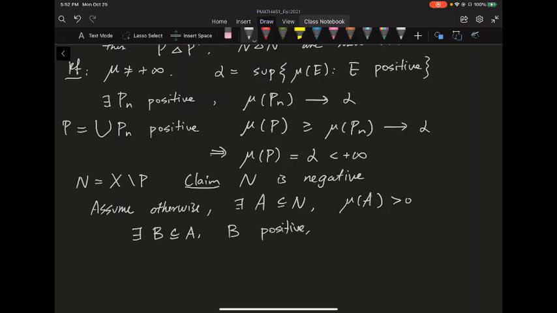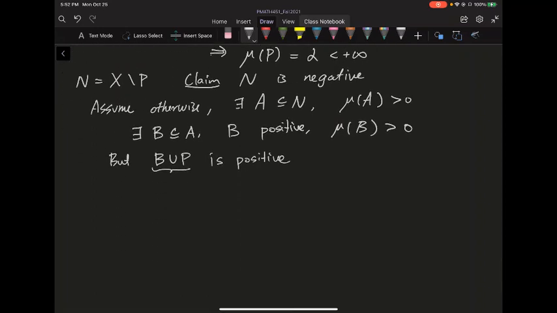And as I pointed out, we can assume mu of B is strictly positive. Now if I consider B union P, this is positive because it's a union of two positive sets. And this is a disjoint union because B is in the complement of P.